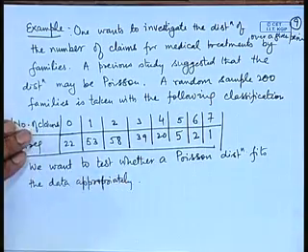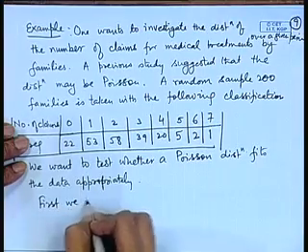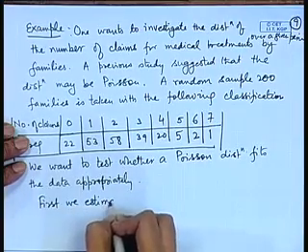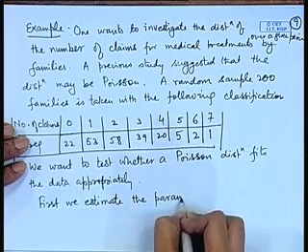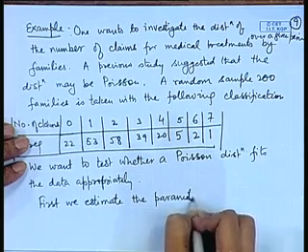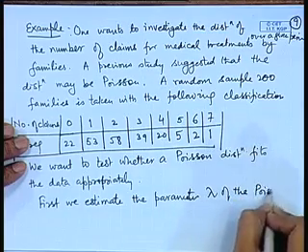Now, here we do not even know the parameter lambda of the Poisson distribution. So, firstly we will estimate that. So, first we estimate the parameter lambda of the Poisson distribution.